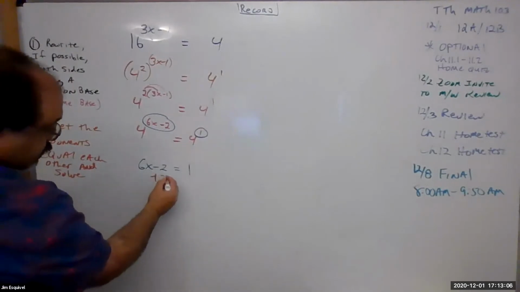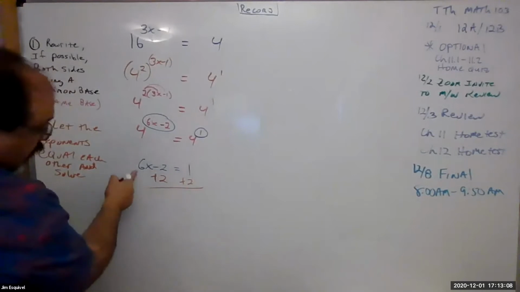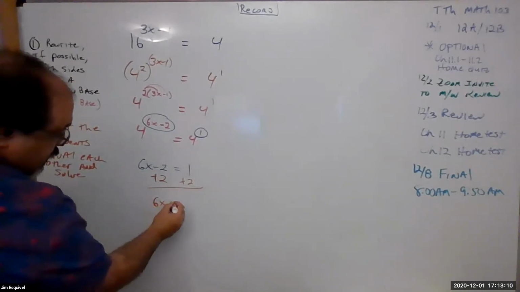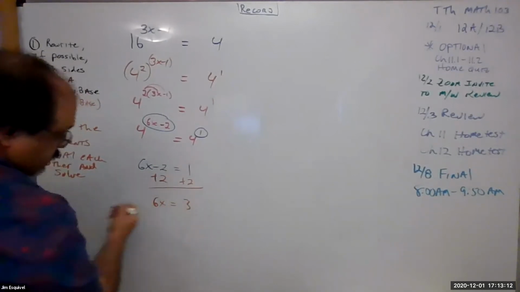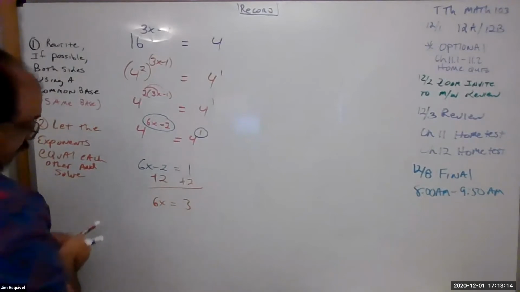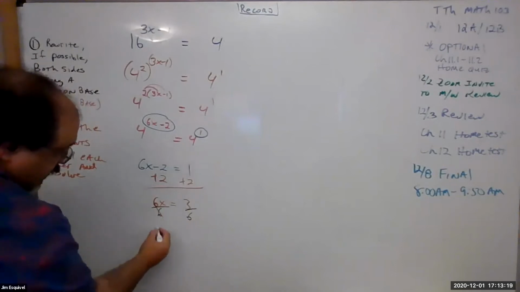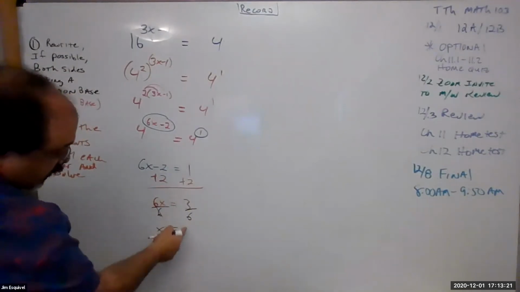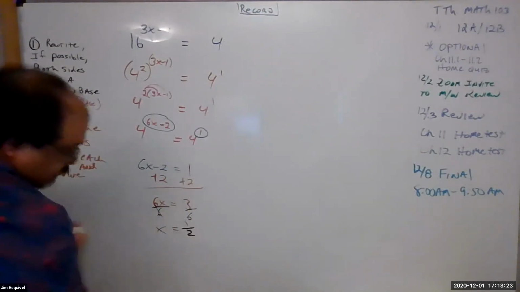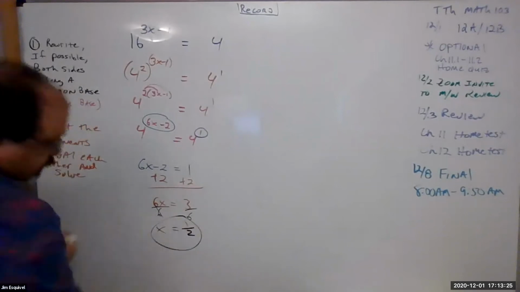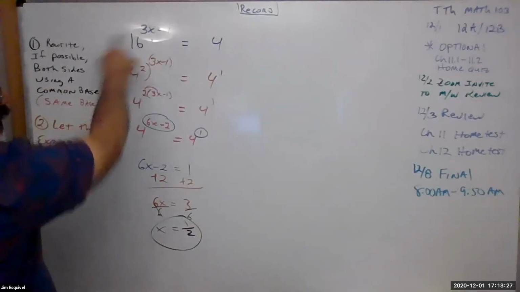Add 2. We get 6x equals 3. And you divide by 6. X is equal to 3 over 6, which is 1/2. So X would have to be 1/2.